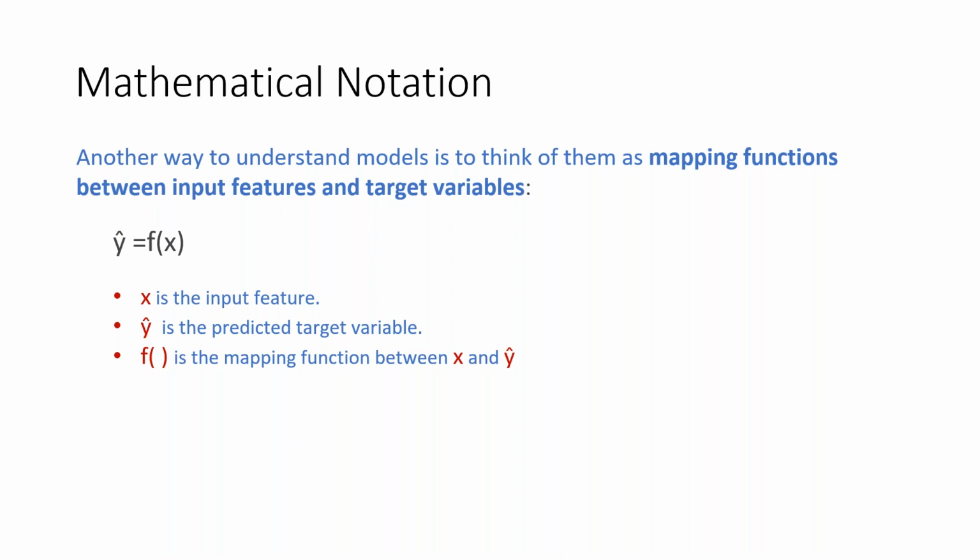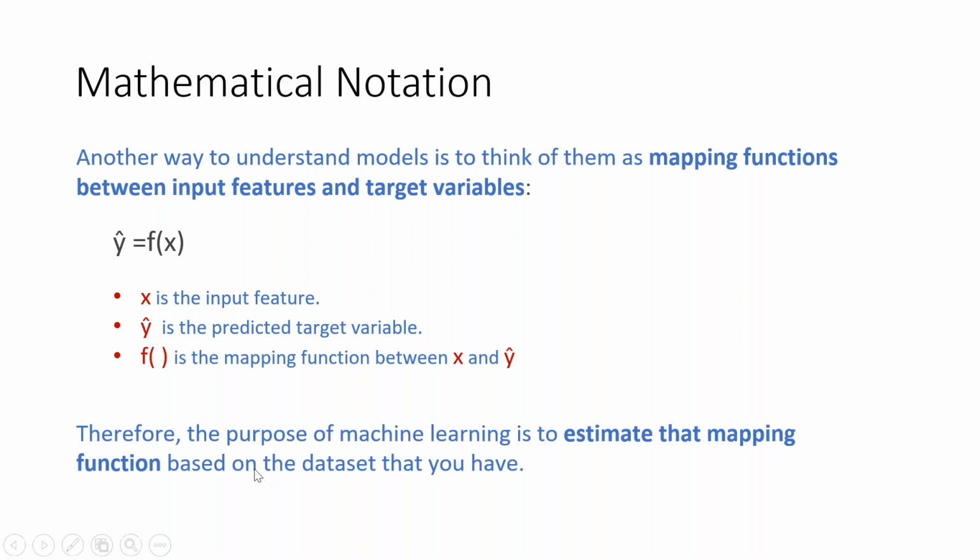Many other mapping functions will apply a different cost function, but there is always a cost function that helps algorithms understand data and arrive at the best curve or best line for whatever data there is. So the purpose of machine learning is to estimate the correct mapping function based on the data set that you have.